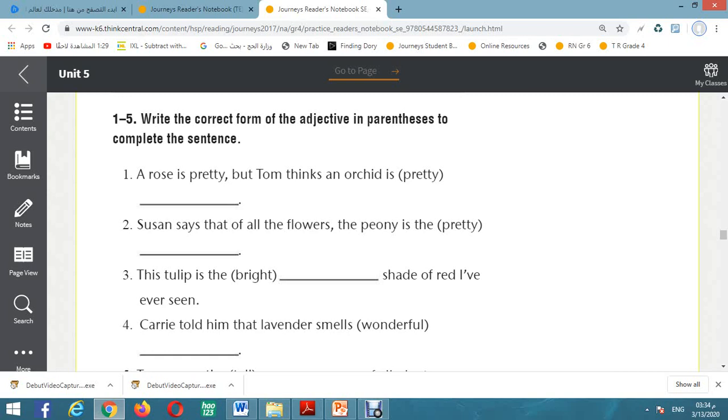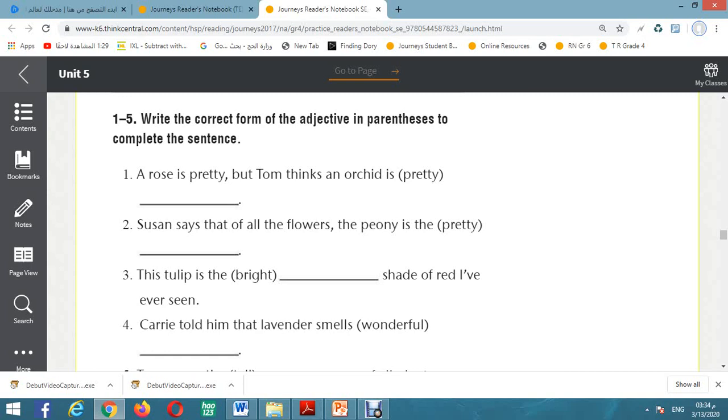Number 2, Susan says that of all flowers, when I say of all, it's a superlative. So Peony is the prettiest. Drop y, add IEST. Number 3, this job is the. If you have the, it's a superlative. Ask yourself, bright, short or long?